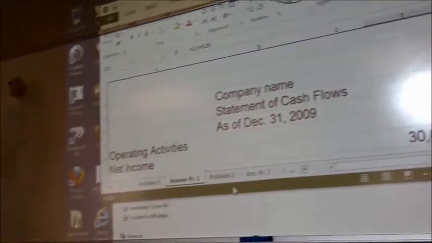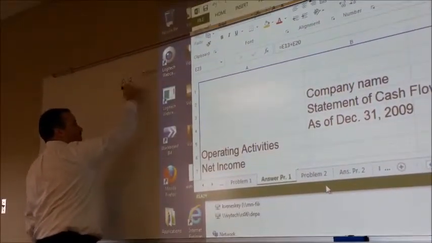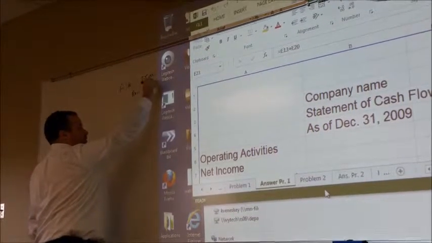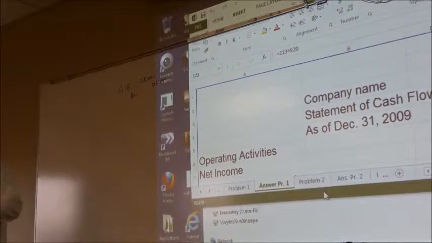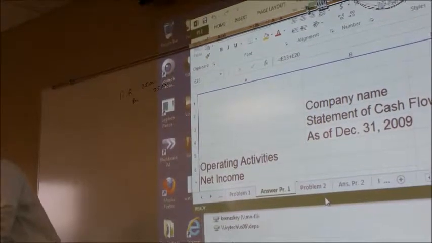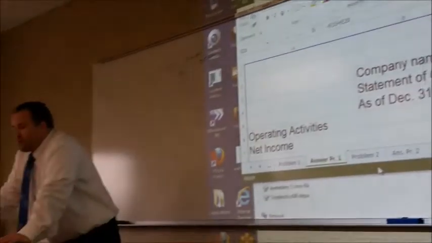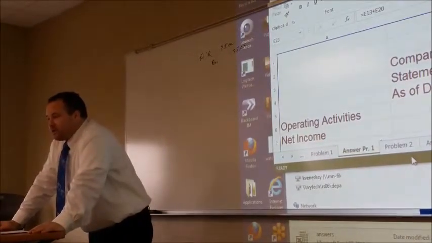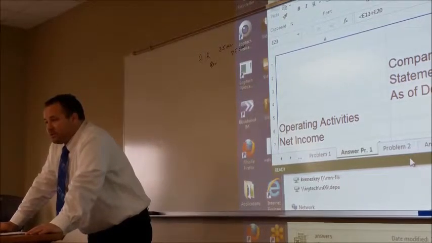Well, one of the main reasons accounts receivable would go up by $25,000 is because of a journal entry that looks like this. So when you see revenue of $75,000 in my income statement, how much revenue in cash did I really bring in? I didn't bring in $75,000. I brought in how much?